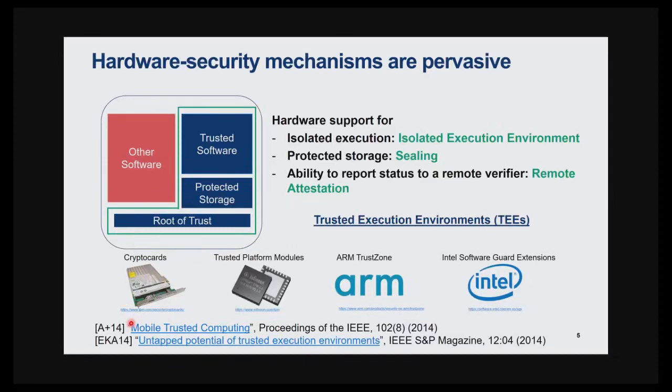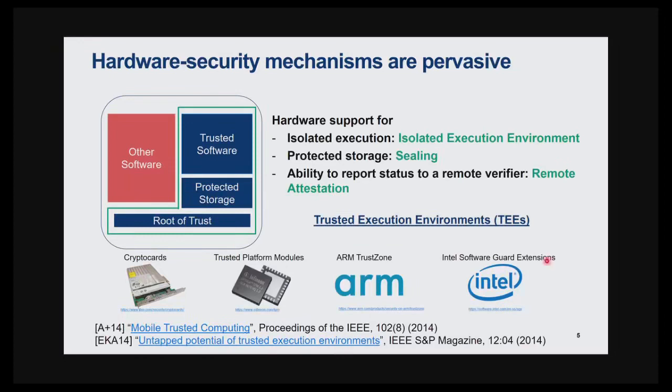So if you have a smartphone in your pocket today, it's probably made by using an ARM-based core, and ARM has a technology called TrustZone that provides this kind of trusted execution environment. And such trusted execution environments in smartphones and tablets have been around for almost 15 years.